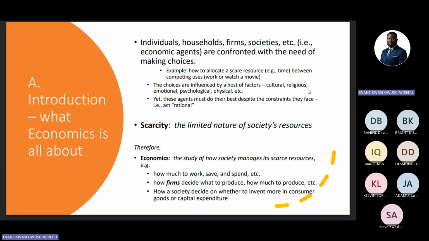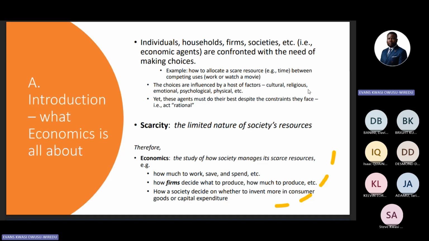You get me? And so we look at some economic agents or the players which are involved in this decision making, right? So these ones are the people, you know, economics calls them economic agents.